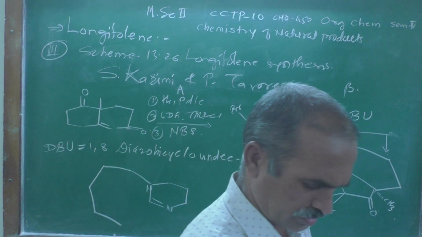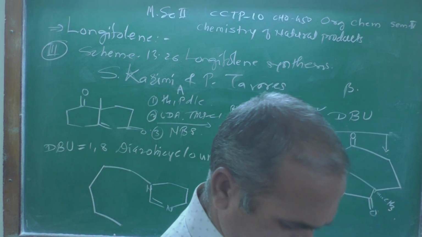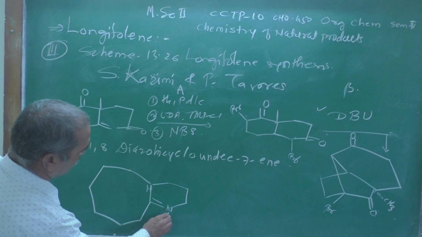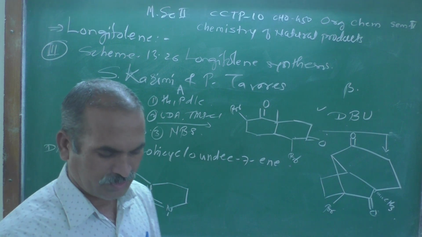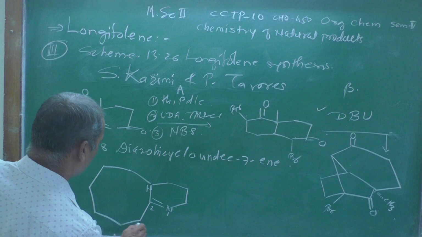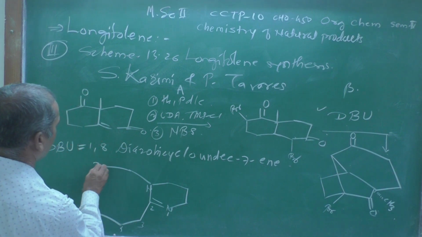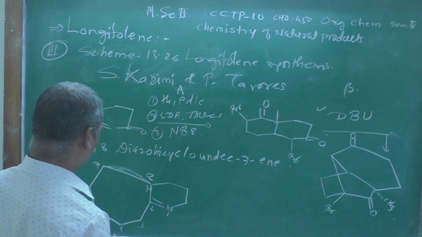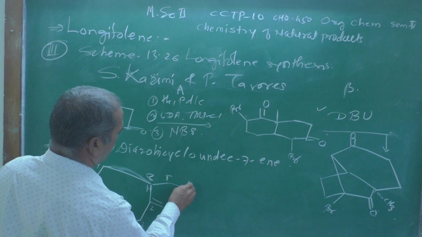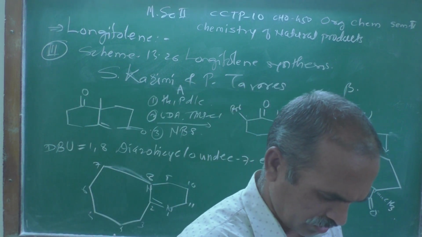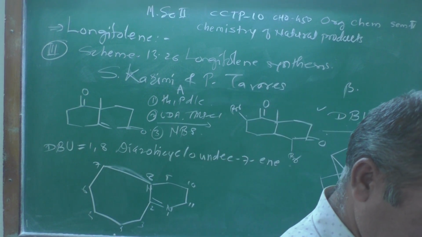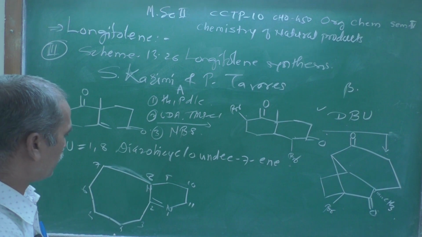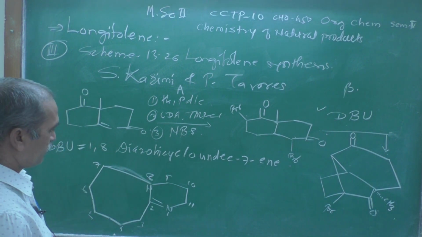The numbering system starts from here: 1, 2, 3, 4, 5, 6, 7, 8, 9, 10 and 11, that is the numbering system. 1, 2, 3, 4, 5, 6, 7, a 7 membered ring, and this is a 6 membered ring. A 7 membered ring is formed over there.